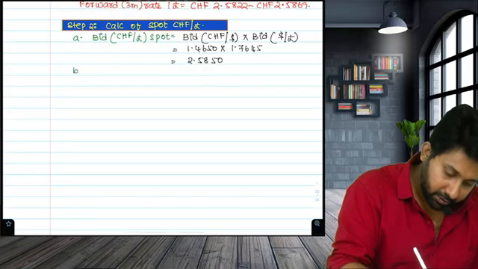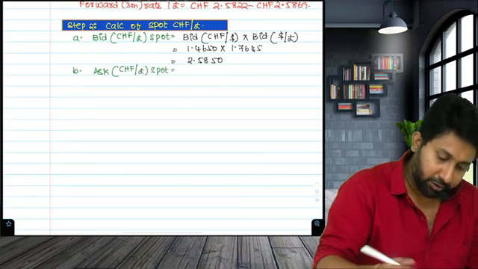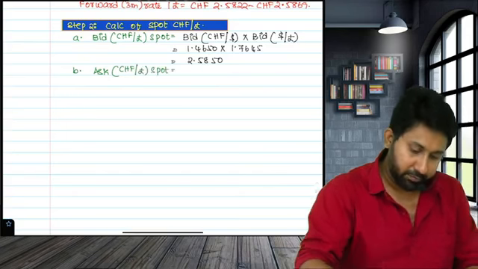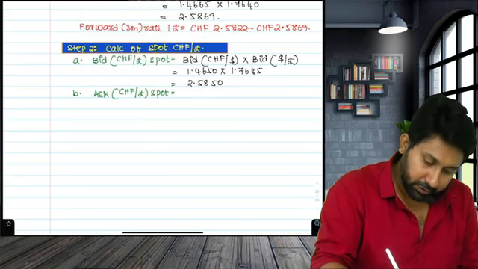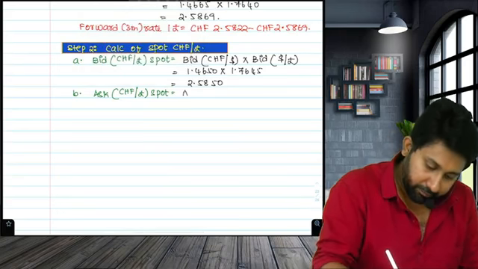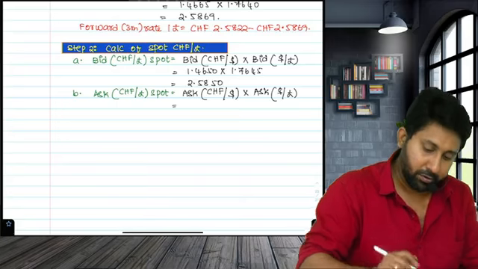Next, ask of CHF by pound spot equals ask of CHF by dollar into ask of dollar by pound.